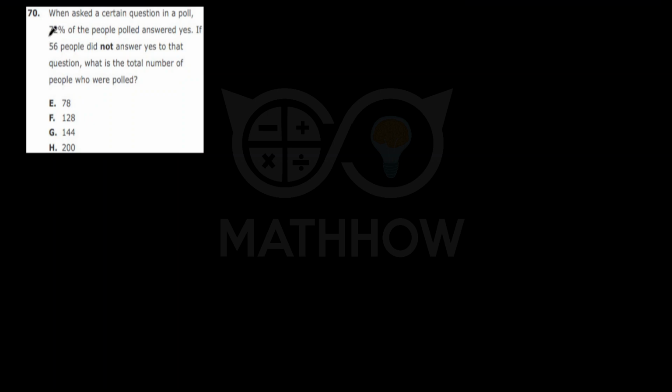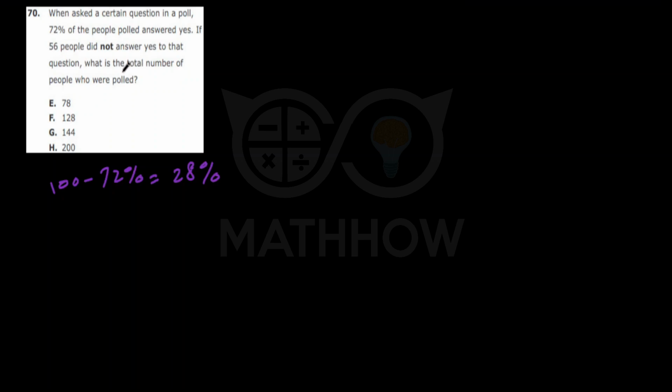So what percentage of people did not answer yes? Simply subtract the percentage that answered yes from 100. The answer will be 28%. So 28% of people answered no, right? They did not answer yes to that question. And this is the percentage. This is the total number of people that did not answer yes.